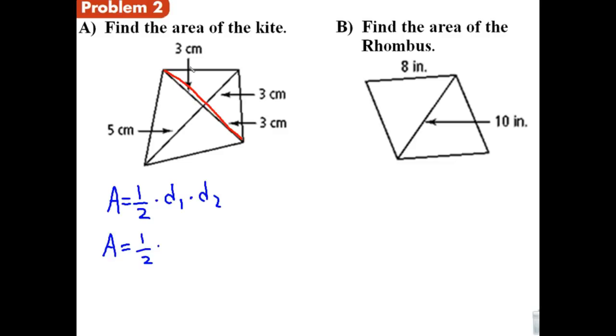It's made up of two chunks, a 3 and a 3, so 3 plus 3 is 6 for that D1. Times D2, which is the other diagonal, made up of a 5 plus 3, so 8. Half times 6 times 8 gives us 24. So we can say 24 centimeters squared.